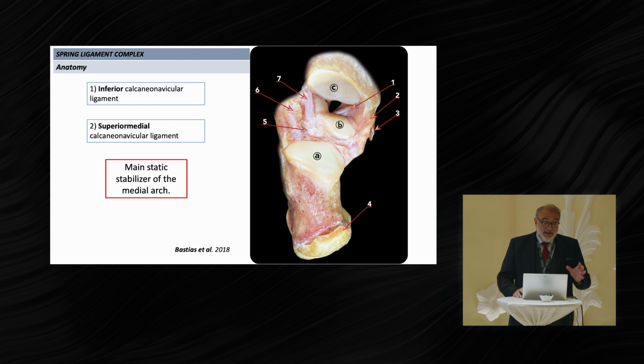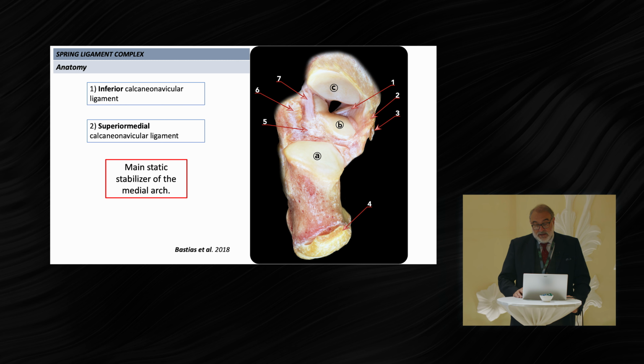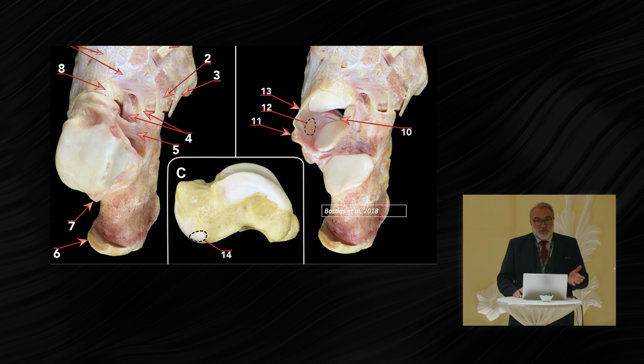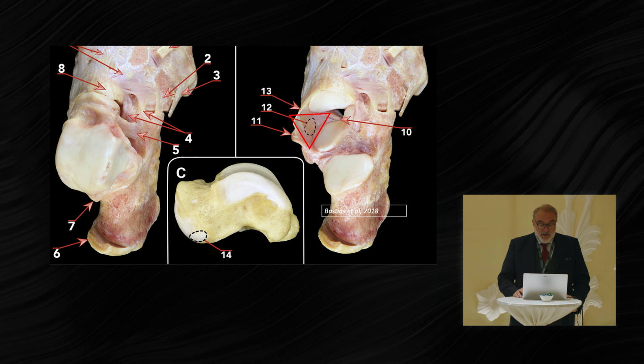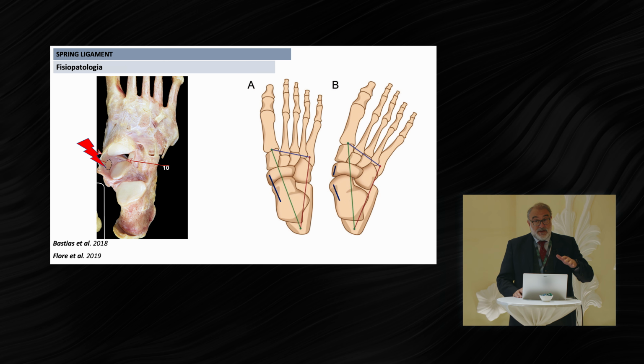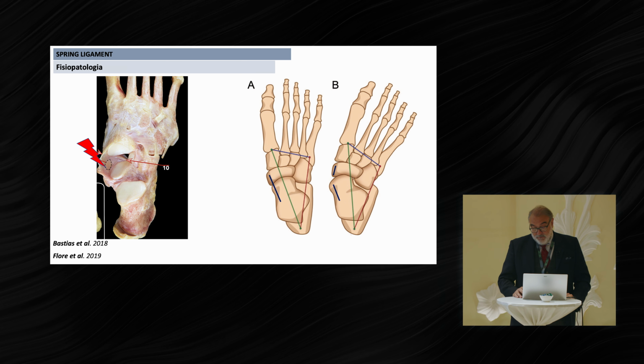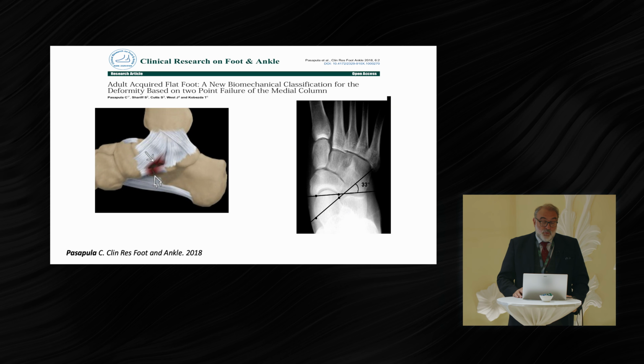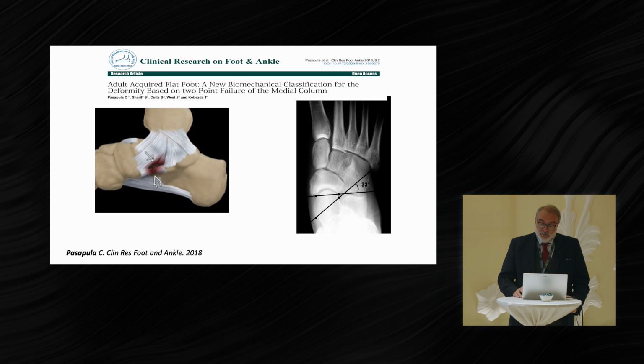And this is the main static stabilizer of the medial arch of the foot, and its function is to keep the head of the talus in its position. When we have the collapsing or the injury of the spring ligament, we have a progressive collapsing of the arch and as well a forefoot abduction, and we can see it with the too many toes sign.